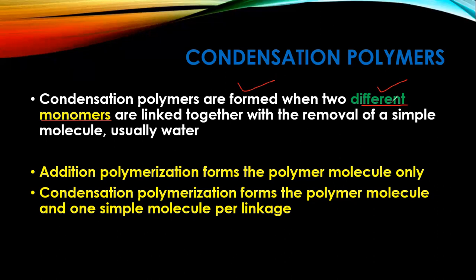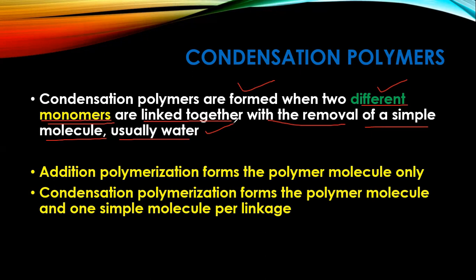Here you can see in condensation polymers, two different molecules, two different monomers with different functional groups, will be bonding together, they will be joining together, and as they join together, they release another simple molecule as well along with the polymer. And this simple molecule, most of the time you will see water.